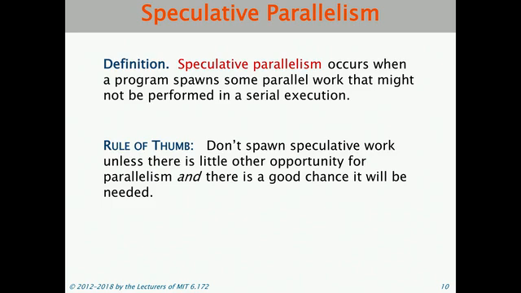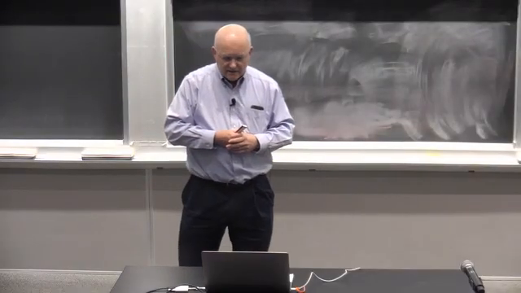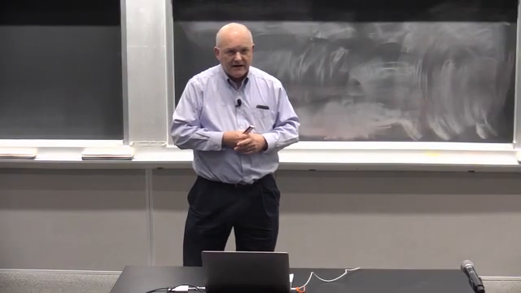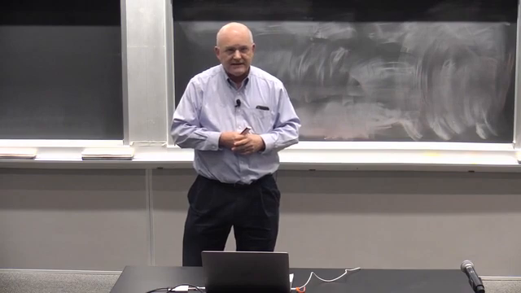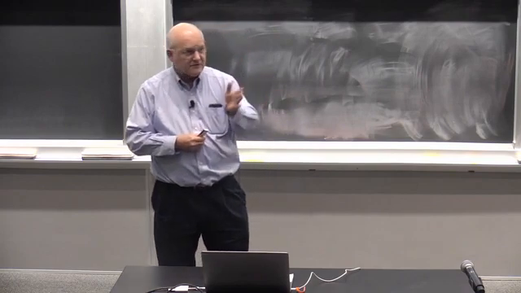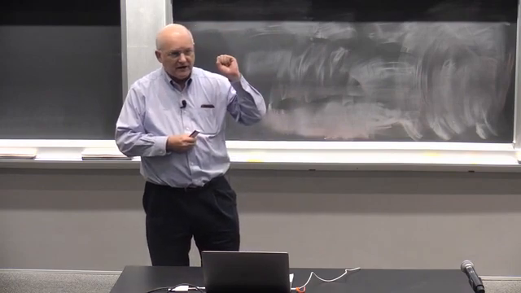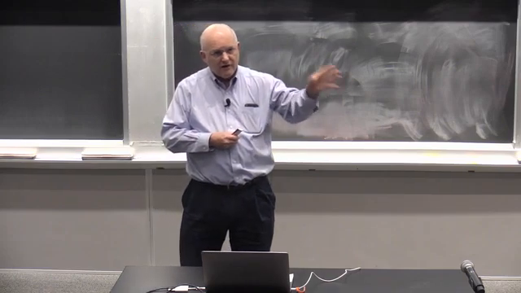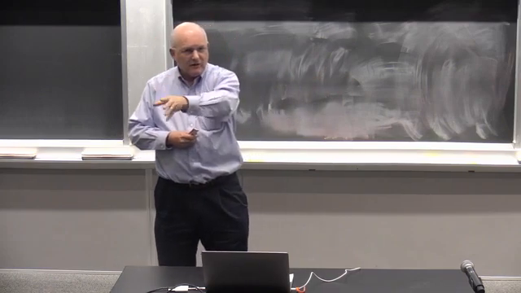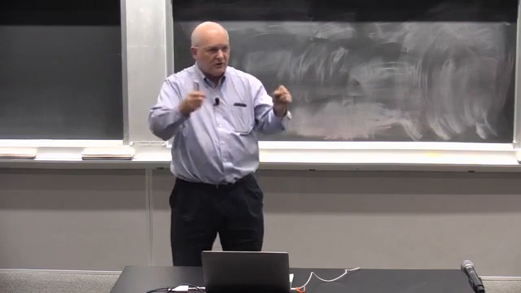So one of the things I've seen in research papers, no less, is people who say, I have a calculation where I'm trying to find, say, the minimum of a bunch of values. And so I'm going to spawn off n things, each of which is looking for the minimum.